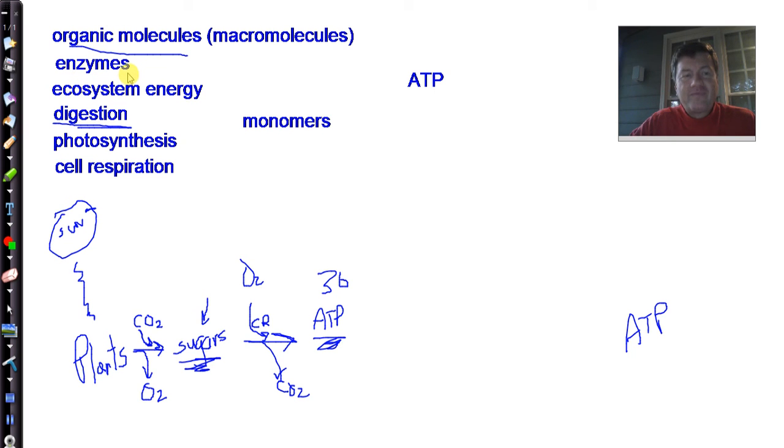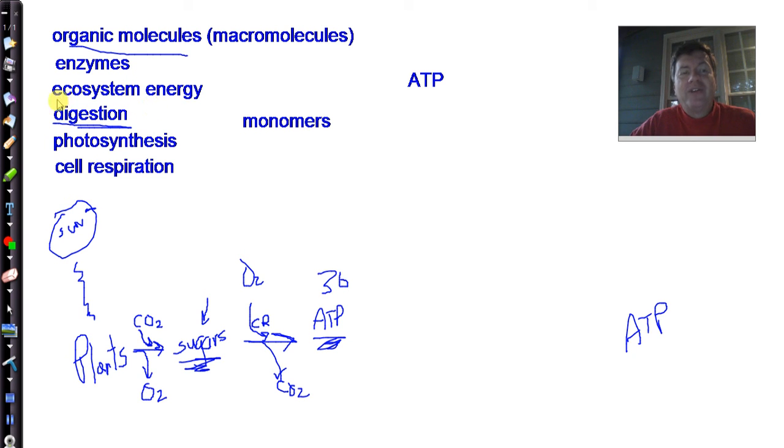So enzymes are molecular helpers, and in photosynthesis you see them, in cell respiration you see them, in digestion you see them. Critical molecules. Recall that enzymes are examples of proteins, and therefore their shape really is important.